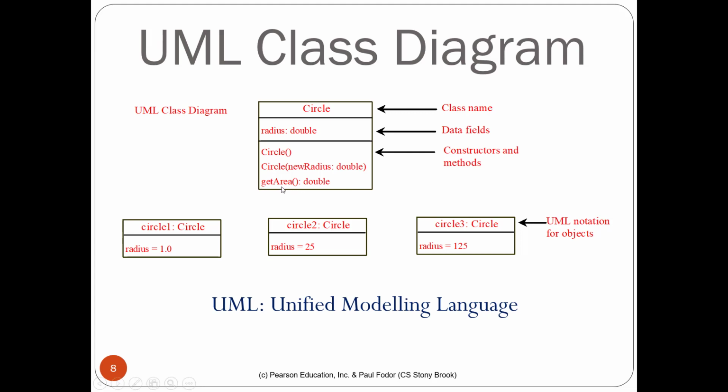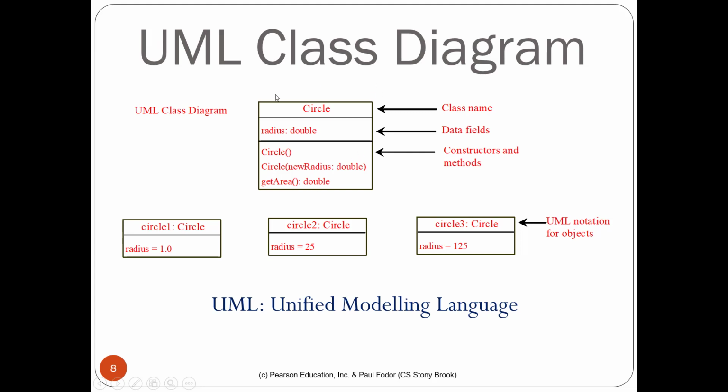The method signature is followed by a colon and then double, which is the return type. And we did not write anything in the parentheses of getArea because it is not accepting any argument in its call. That's the reason I don't have anything here.